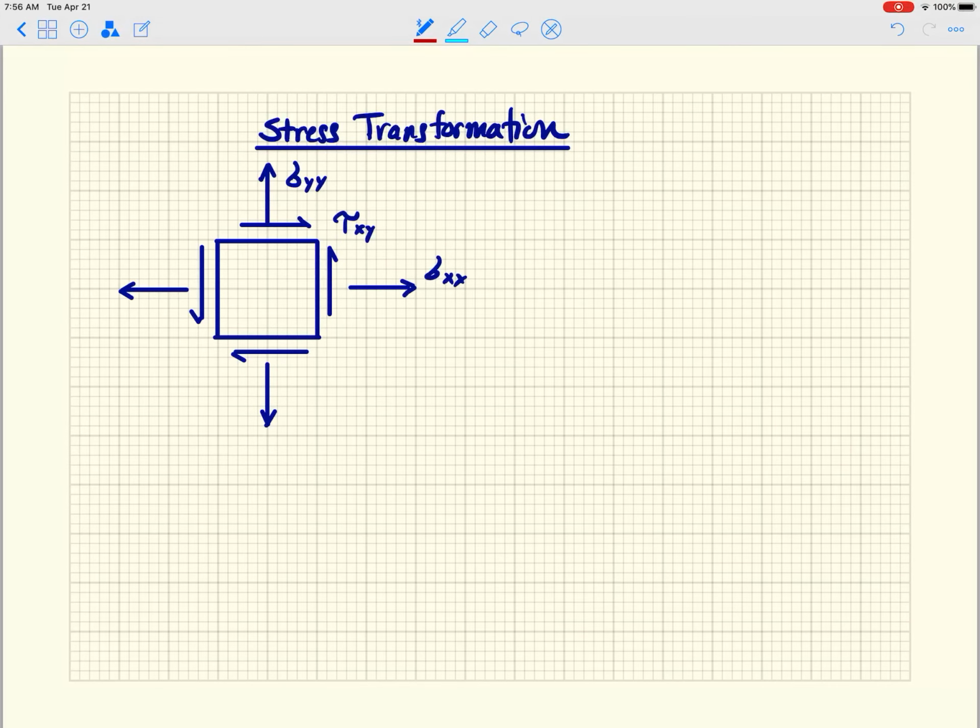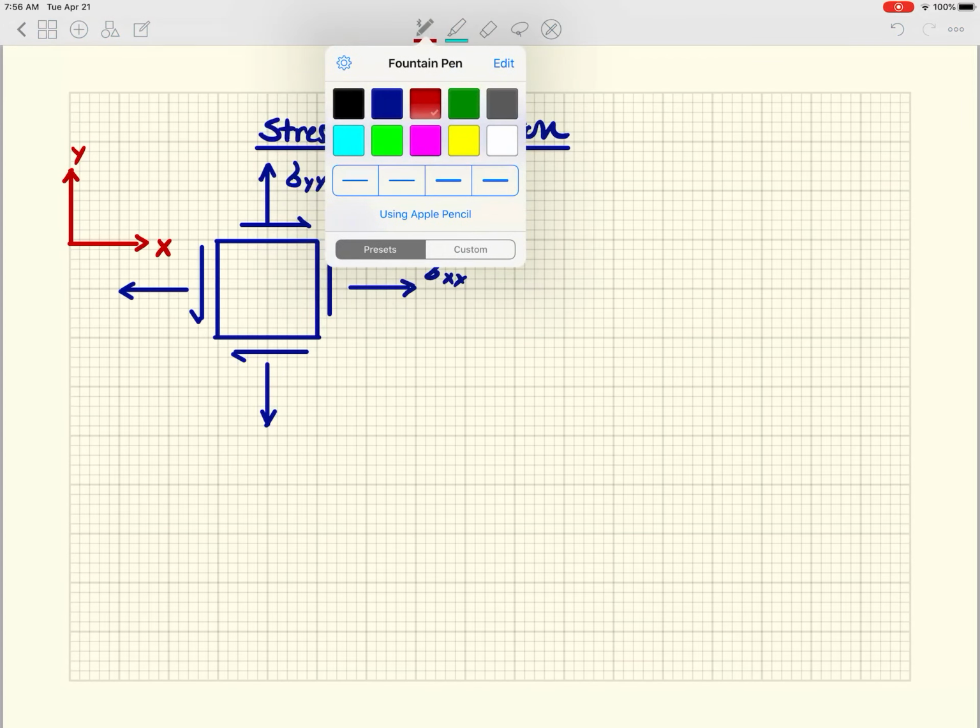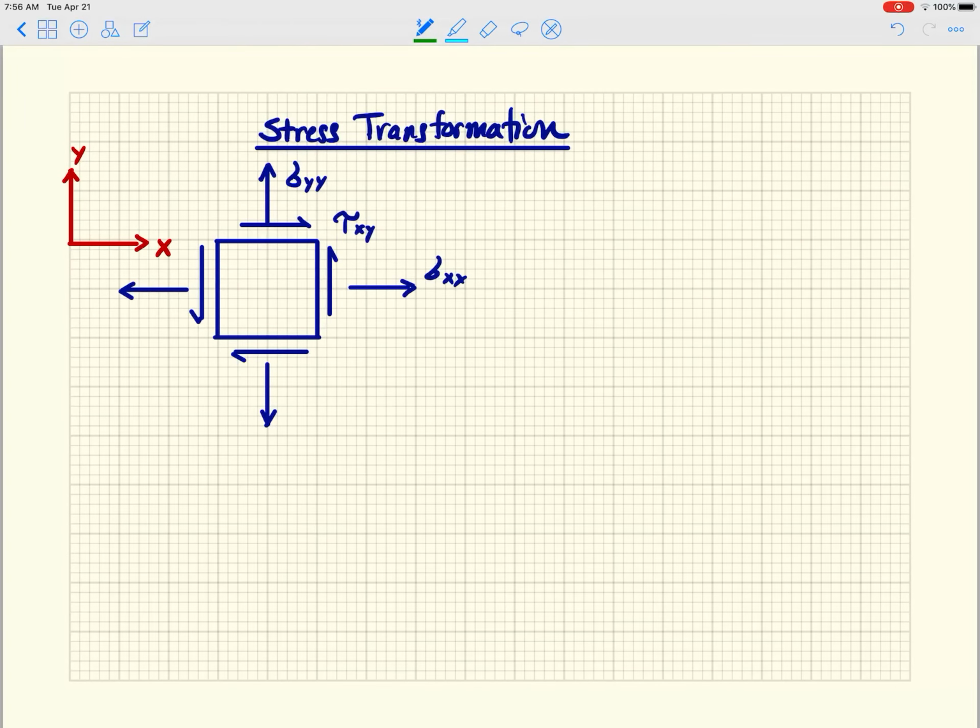So I'm going to draw our standard coordinate system. This is my X and Y coordinate system, okay? And then I'm going to draw a new coordinate system, and this one I guess I'll draw in green. And this new coordinate system I'm going to label X prime, Y prime.